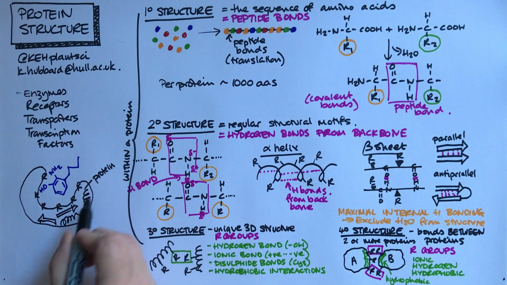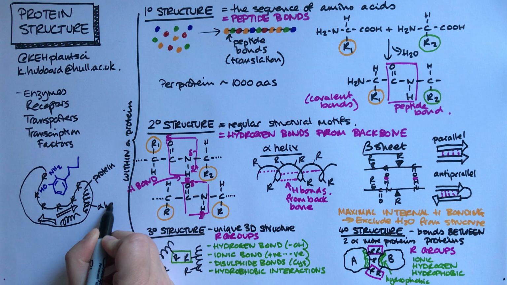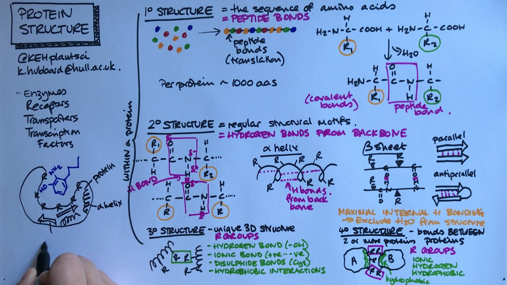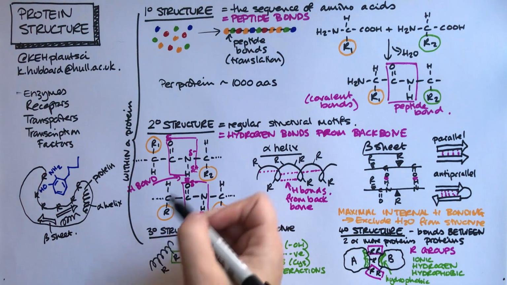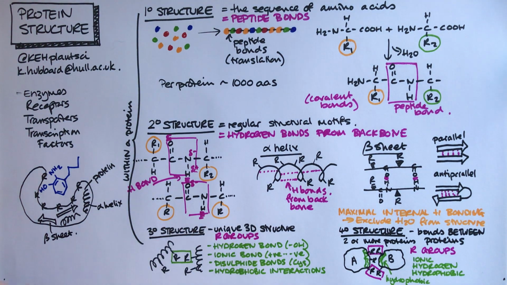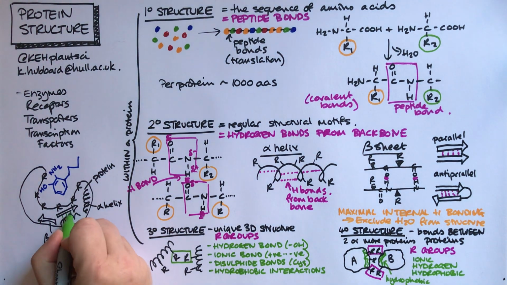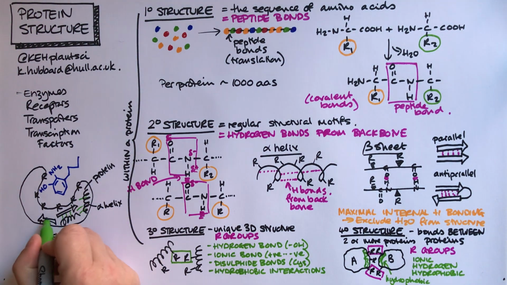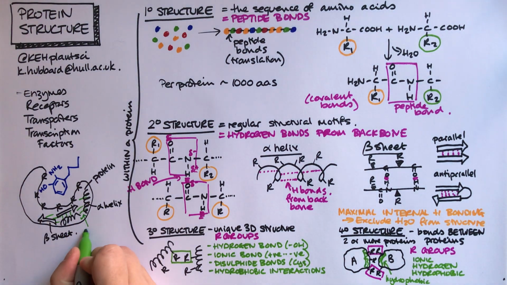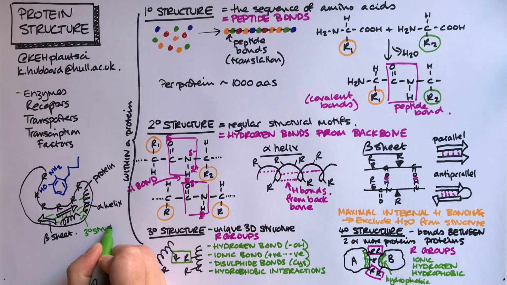So that's the secondary structure. They're then arranged in this unique 3-dimensional arrangement because they've got internal bonding. So we've got some bonding in there, bonding there, bonding there. So that is tertiary structure holding the whole thing together.